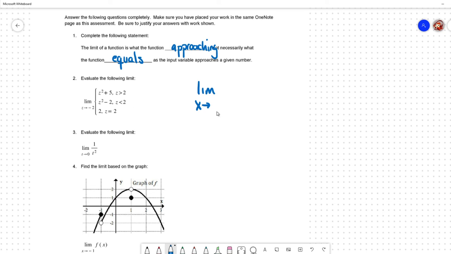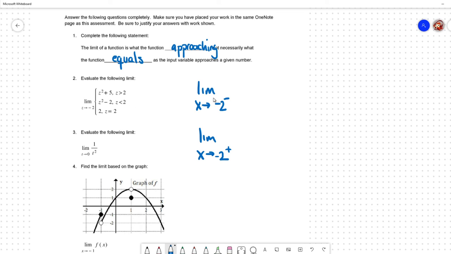So what I'm approaching is -2. What happens when I come from the left of -2? What happens when I come from the right of -2? All right. So if we're coming from the left of -2, numbers less than -2, which of the piecewise functions here am I going to use?